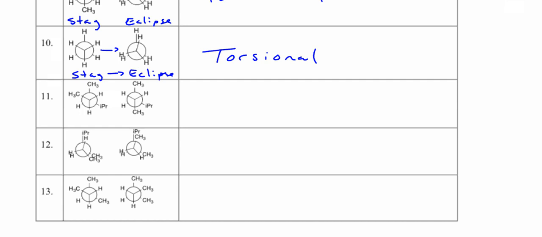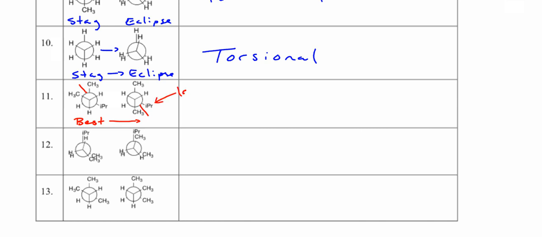So they are both staggered. But why is this one better than that one? Well, the reason is that you have to look at the branches that are, again, larger than hydrogen. So in this first one, the gauche is between the CH3 and the CH3. The second one is between a CH3 and an IPR.